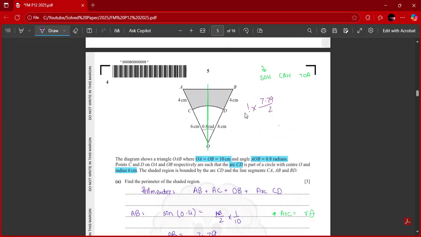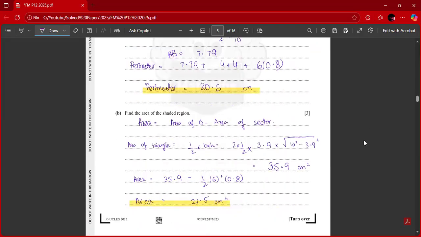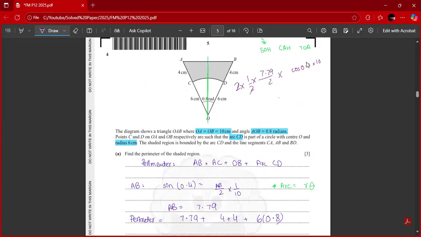Now we're left with finding the height. To find the height now, adjacent over hypotenuse would be the formula here. So cos 0.4 into 10 would be the answer. And simplifying it, let me just calculate this part. I think we do get the answer that we're looking for, 7.79 divided by 5 into cos 0.4.